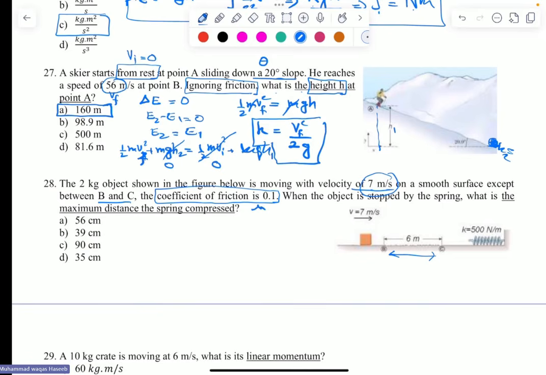When the object is stopped by the spring, what is the maximum distance the spring is compressed?